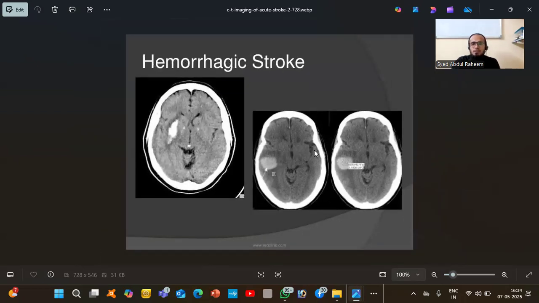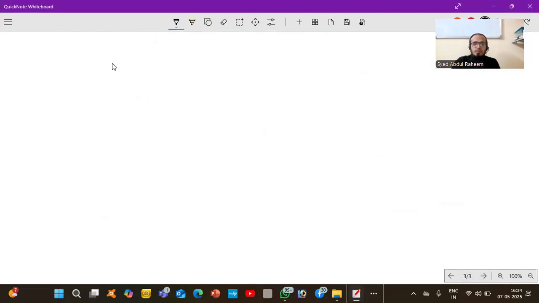So basically, we have two types of stroke. That is, one is hemorrhagic stroke, and another one is ischemic stroke. Hemorrhagic means bleeding in the brain.